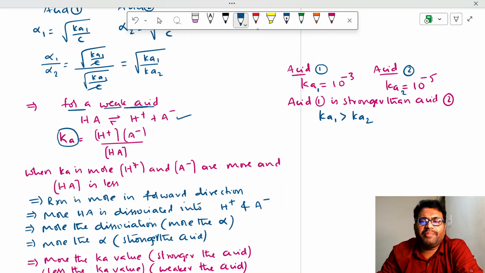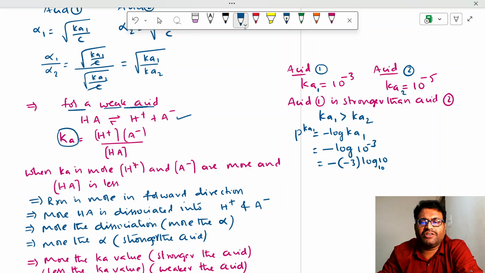Let us calculate pKa1. We know that pKa is equal to minus log Ka. pKa1 is equal to minus log Ka1, that is equal to minus log 10 power minus 3. Another step also we shall write: minus of minus 3 log 10.